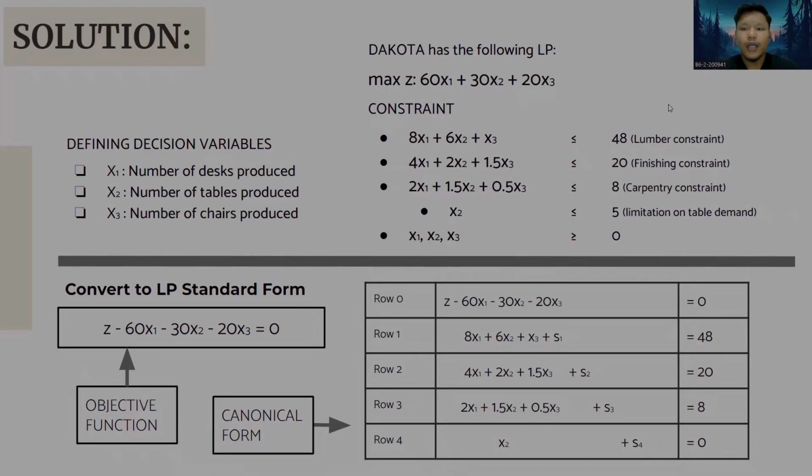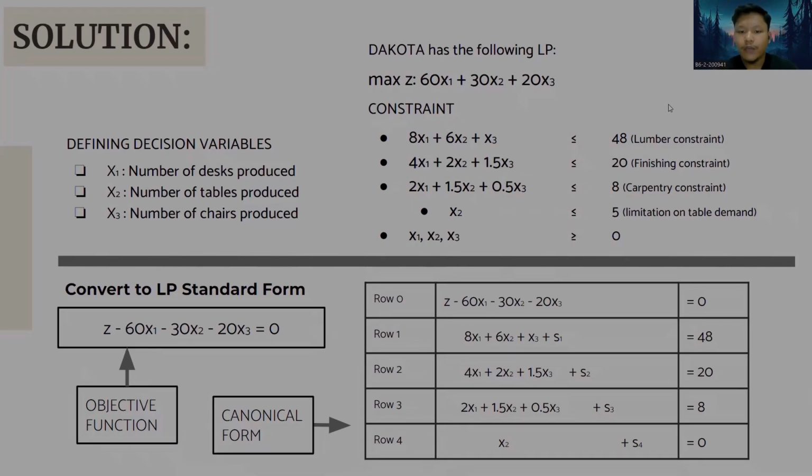The next step is to convert the linear programming equation to standard form. Firstly, we derive the objective function: z minus 60x1 minus 30x2 minus 20x3 equals 0. Then we construct the canonical form, where we add a slack variable s to each constraint and change the inequality symbol to equal.